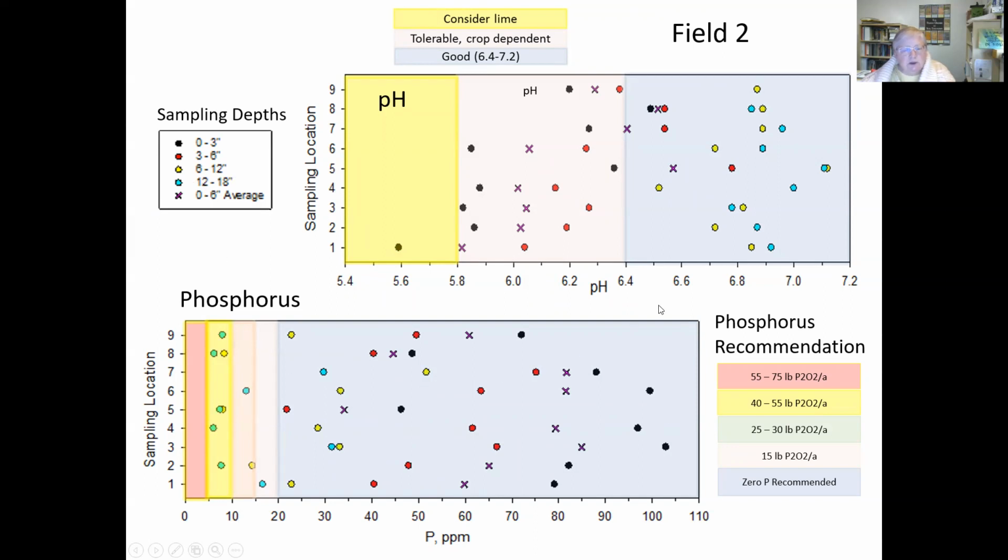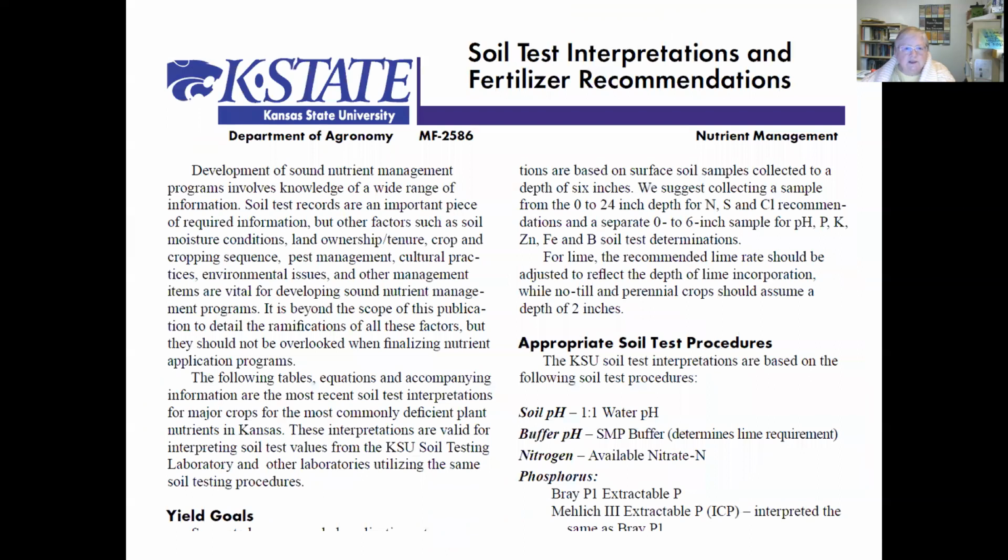And again, like I say, we could do this kind of nutrient analysis for all the different parts of the field and look at the different things. These kind of soil test interpretations with the fertilizer recommendations for the different soil types, Dorovar has done quite well.